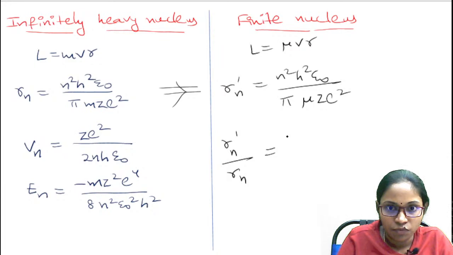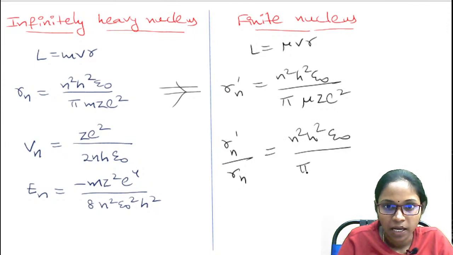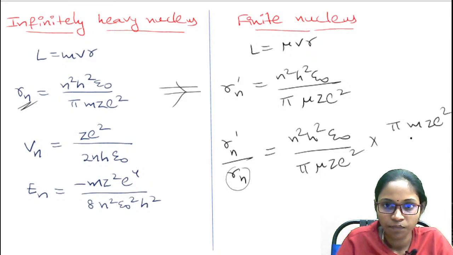So Rn prime by Rn is n square h square epsilon naught by pi mu z e square into the reciprocal of the radius for infinitely heavy nucleus, pi m z e square by n square h square epsilon naught.